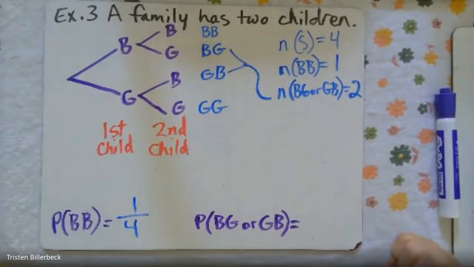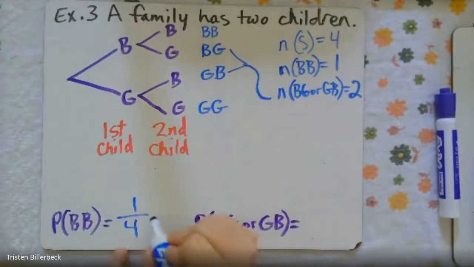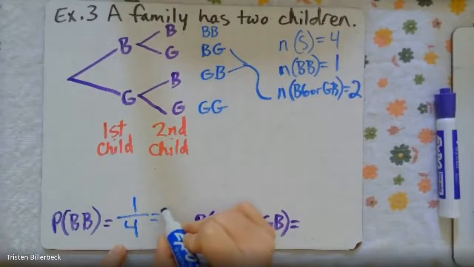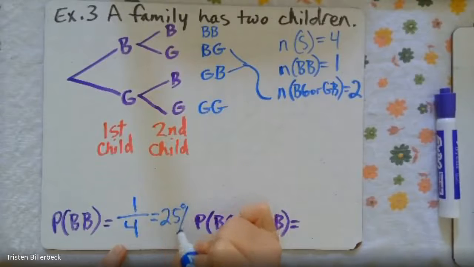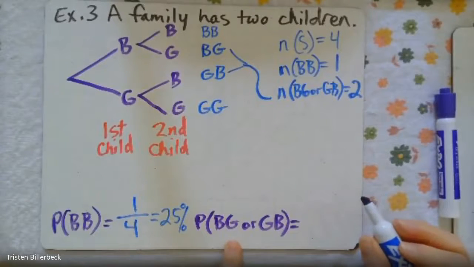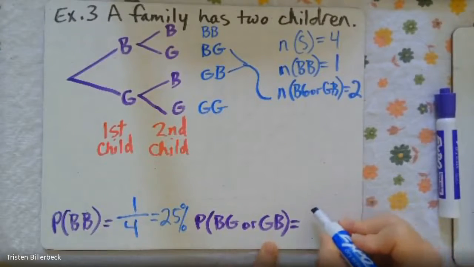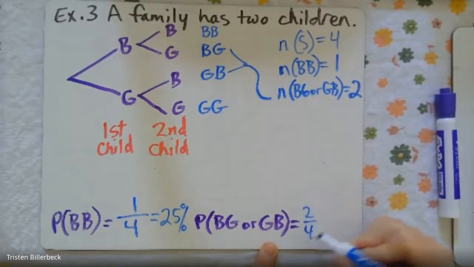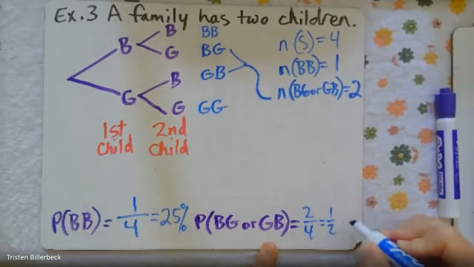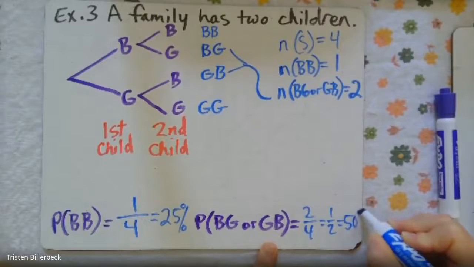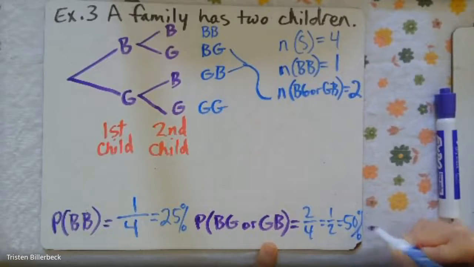So 1/4 of the time you'll have a boy, boy, and that's 25% of the time. A boy, girl, or a girl, boy is 2 out of 4, which is 1/2, and that's 50% of the time you'll have that.